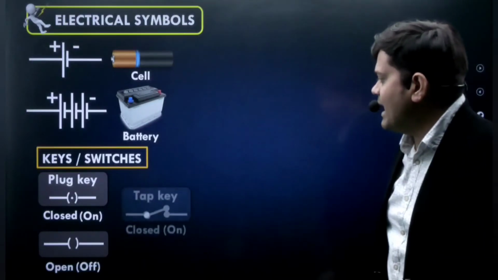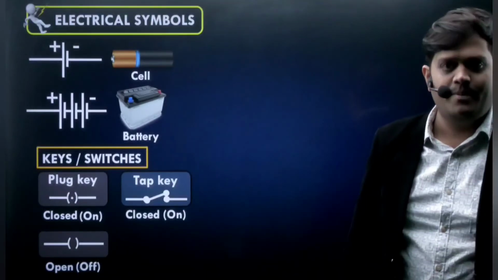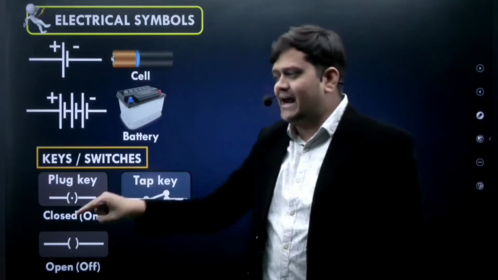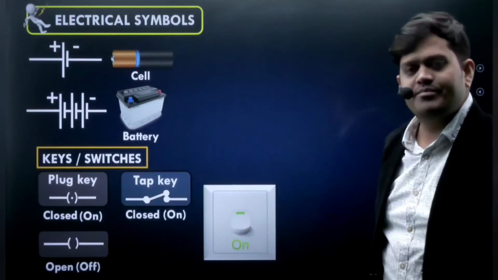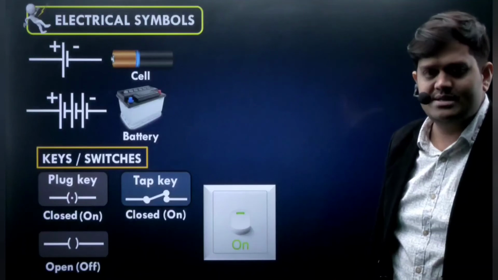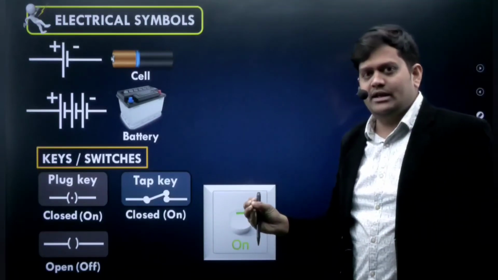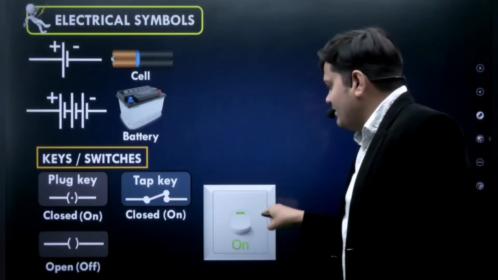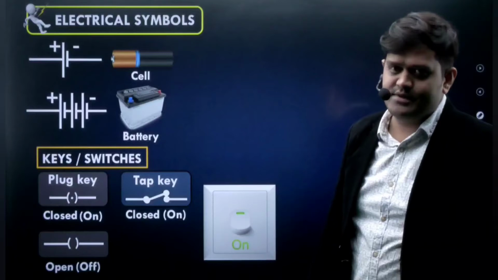And we also have the tap key. Tap key is like the switches. When we start the fan, then we tap the switch. Understand? If we want to switch on the fan, then we tap it. If we tap it, then the circuit is closed and the current is flowing.